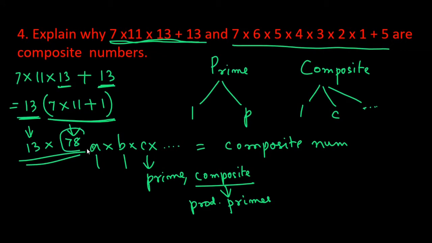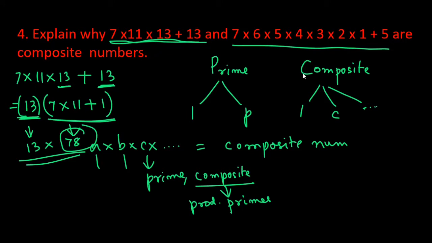We did not calculate this also. Here it is clearly visible. We have two factors here, 13 and some other number. So we are able to mention this number as a product of two numbers directly. So this is a composite number.